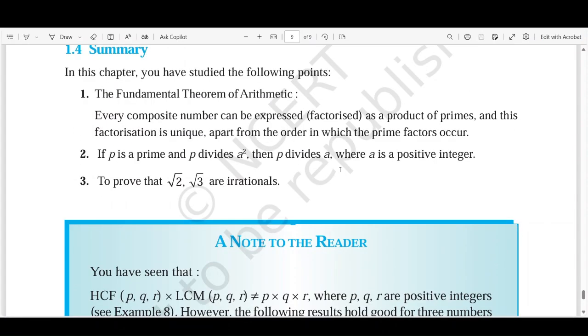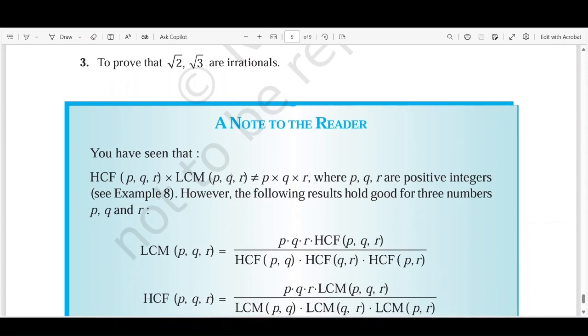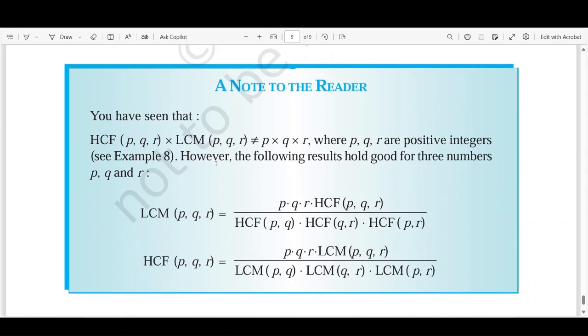In the summary, they have given the important points to be remembered, and the note they have given is very important. We have already discussed that only for two numbers the product of HCF and LCM will be equal to the product of the numbers, but for three positive integers the result is not true.